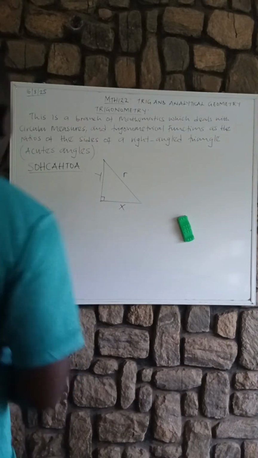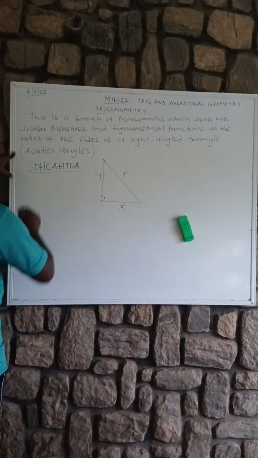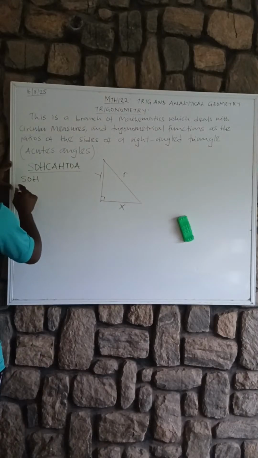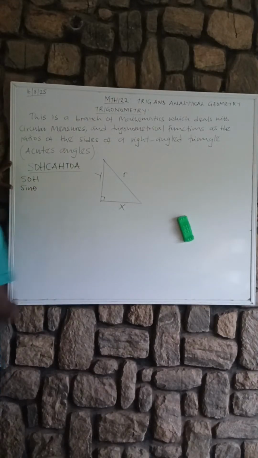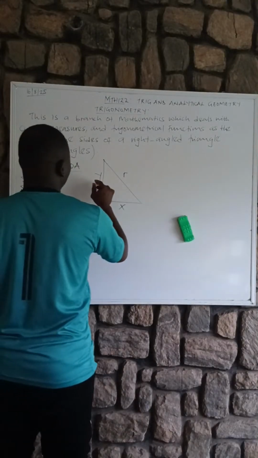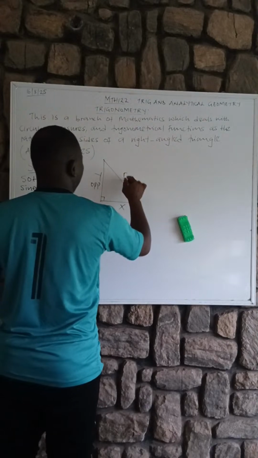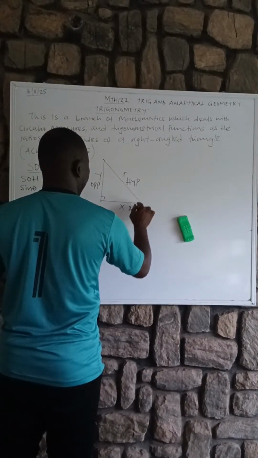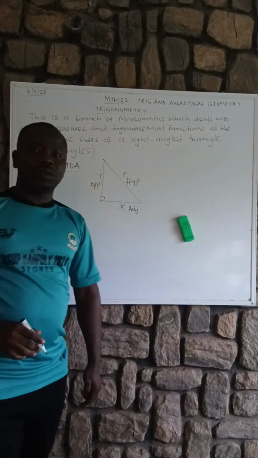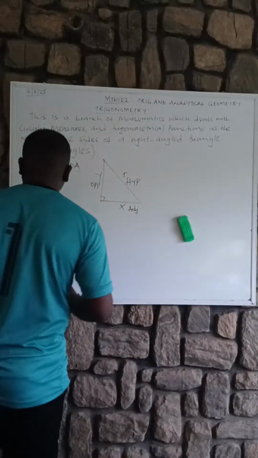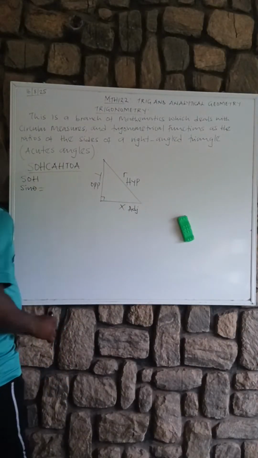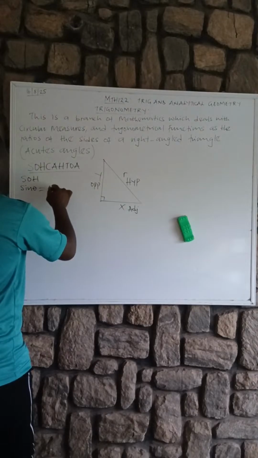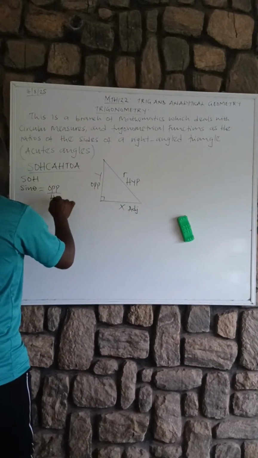So, if you agree with me, let's define it. SOH means S, sine theta, then here is opposite, here is hypotenuse, then here is adjacent. True or false? It's true, right? So sine theta is equal to opposite all over hypotenuse. True or false?